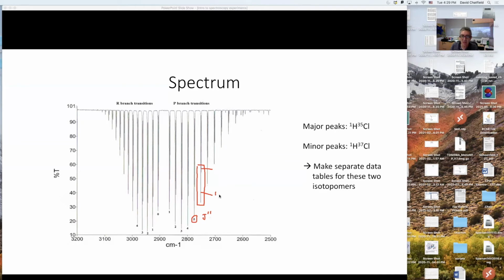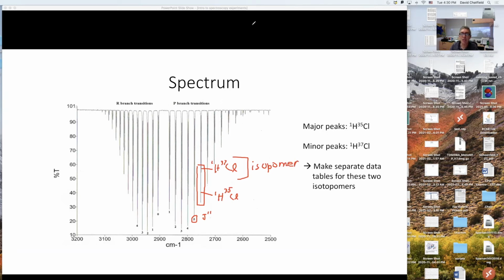This tall peak, it turns out that 35 is more abundant, so this is H35Cl, and the other one is H37Cl. Of course, we speak of isotopes when we speak of atoms, but when we speak of molecules composed of individual isotopes, we use a different word, isotopomer. So these are the two most common isotopomers of HCl.